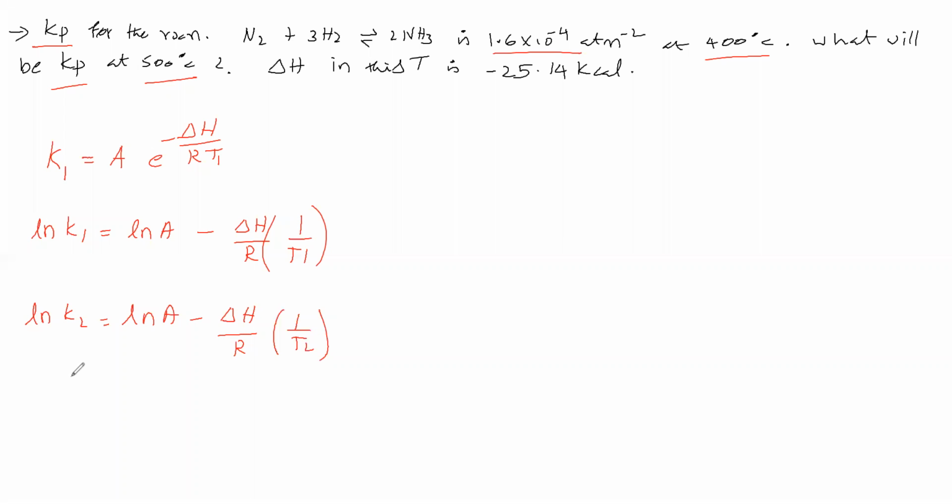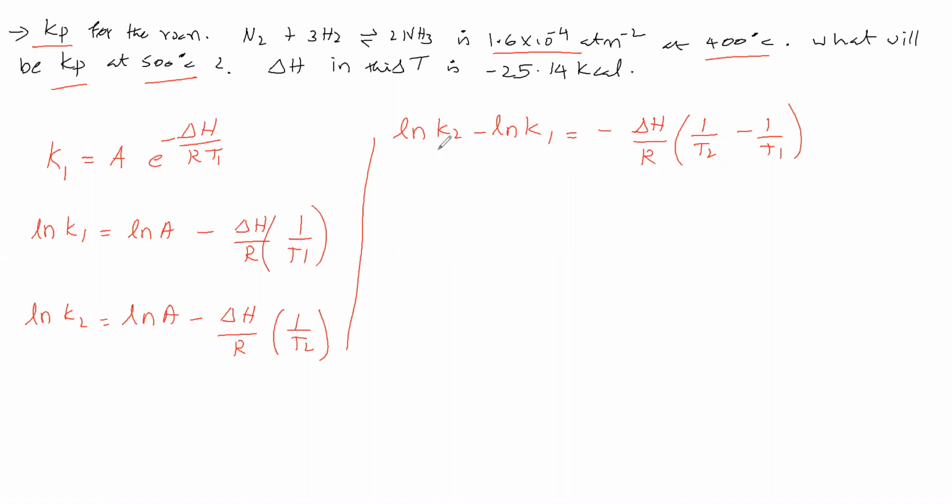Then ln K2 minus ln K1 is equal to, ln A gets cancelled, therefore minus delta H by R taken outside, into 1 by T2 minus 1 by T1.